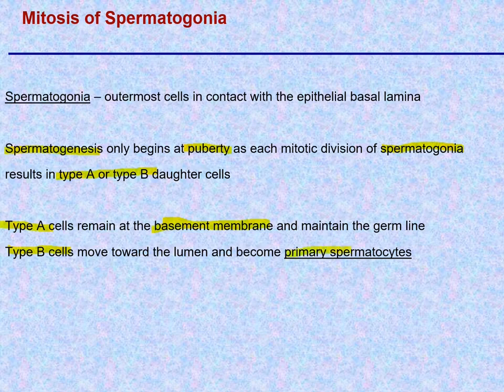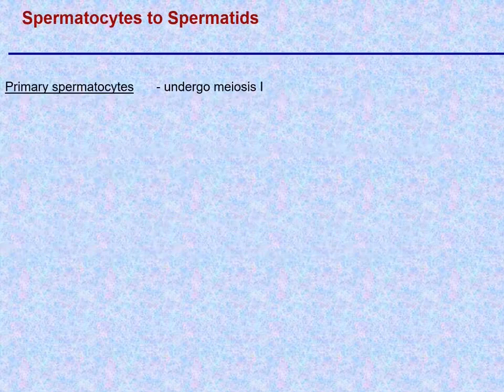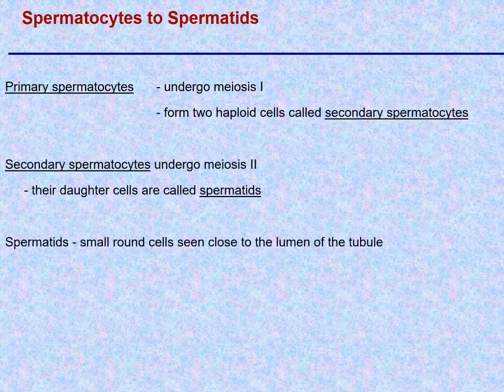They become first primary spermatocytes, and then they undergo meiosis and form secondary spermatocytes. And those secondary spermatocytes divide further during meiosis 2 and form spermatids. The spermatids are the ones that are closest to the interior round circular space of the tubule, and will differentiate into spermatozoa.